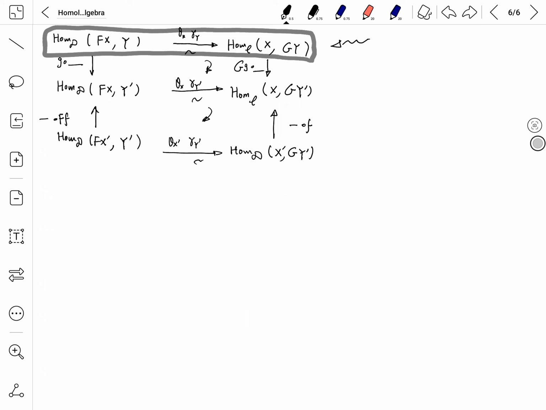If we want to get eta, if you take y equals FX, then on the left-hand side you have the Hom set from FX to FX, in particular you have the identity. It corresponds, on the right-hand side, to a morphism from x to GFX.